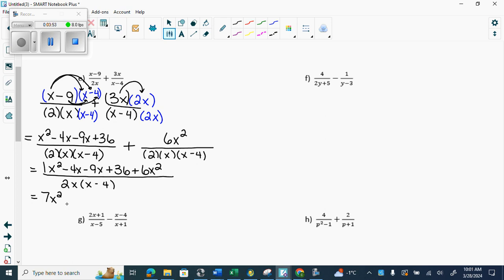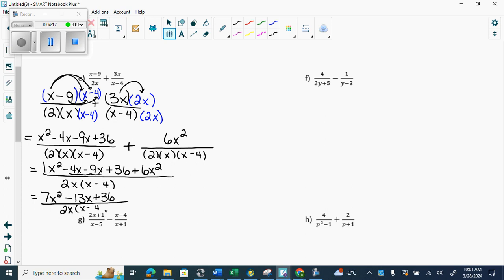I don't know. That's a lot of x-rays. No, it's not actually. It's a lot of negative x-rays. That's kind of the x-rays I want. None, right? So I have negative 4 x-rays minus 9 x-rays is negative 13 x-rays. And then just plus 36, all over 2x, x minus 4.